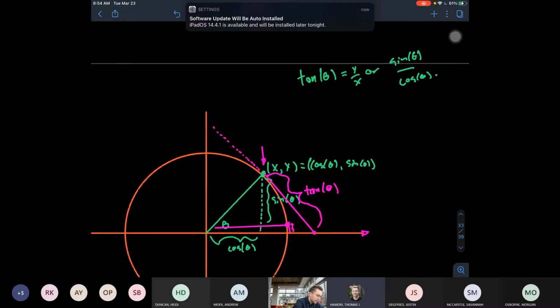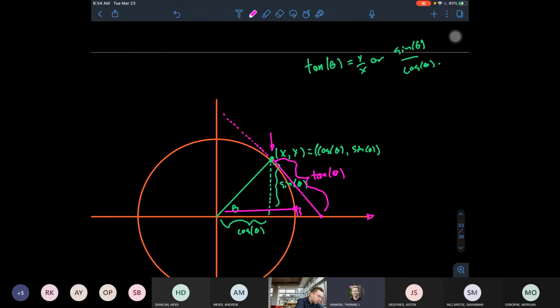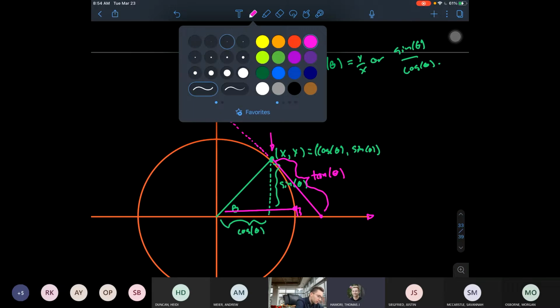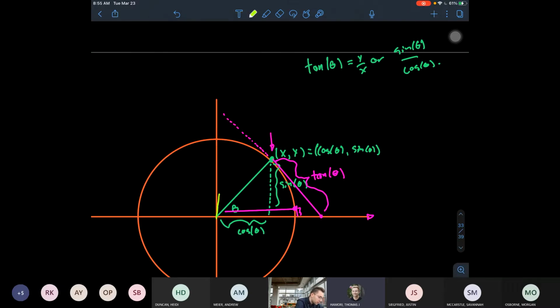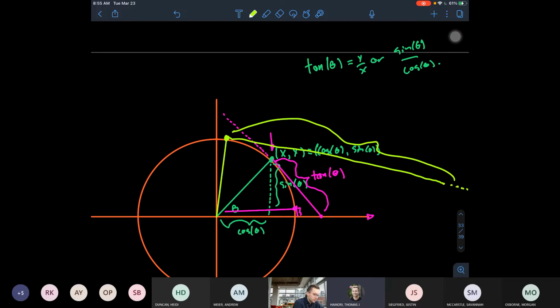And then what happens to this line as our angle theta gets really, really close to pi over 2? Well, the length it's going to take this line to reach the x-axis is going to be very, very long. So as we go up to pi over 2, and in fact when we hit pi over 2, the line which is tangent to our circle is going to be a horizontal line.